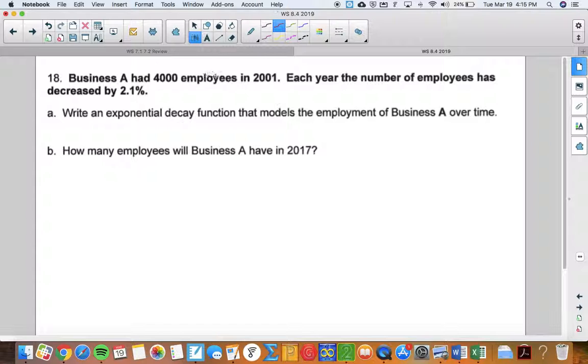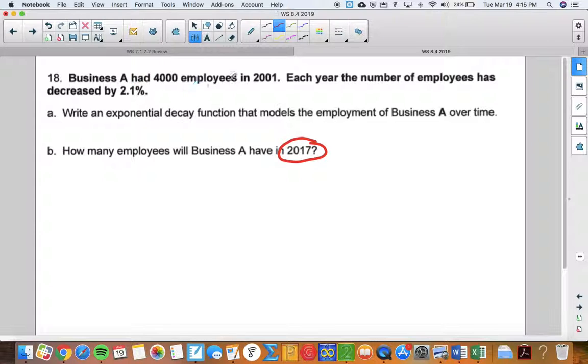Business A has 4,000 employees in 2001. Each year the number of employees has decreased by 2.1%. And then here I'm going to let you make that equation. How many employees will the business have in 2017?